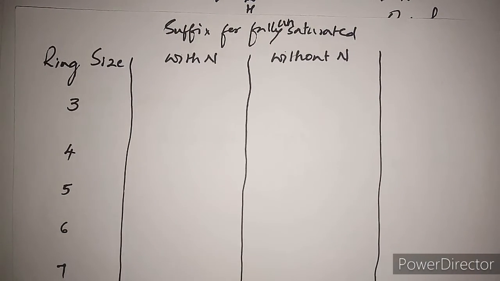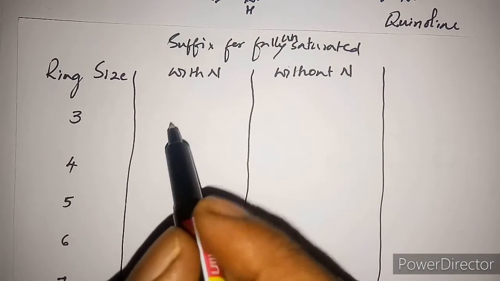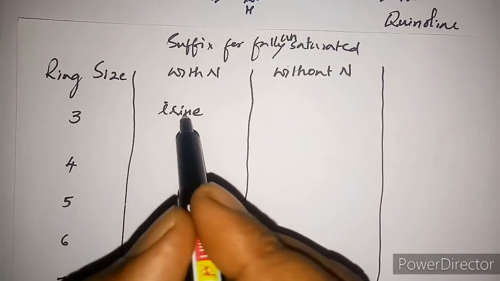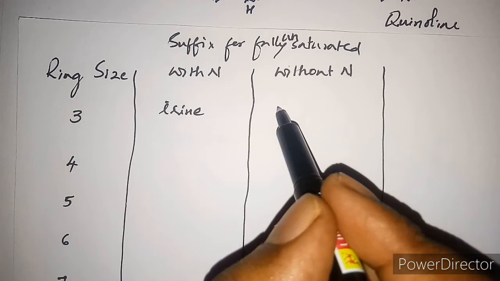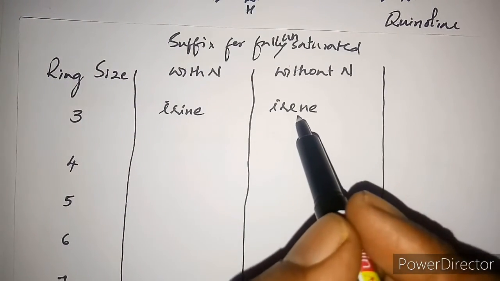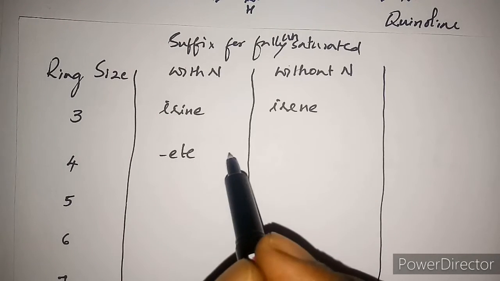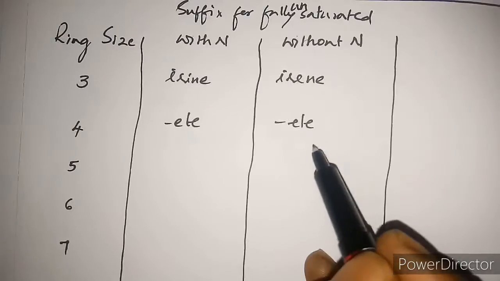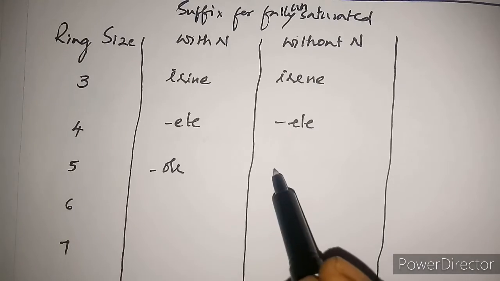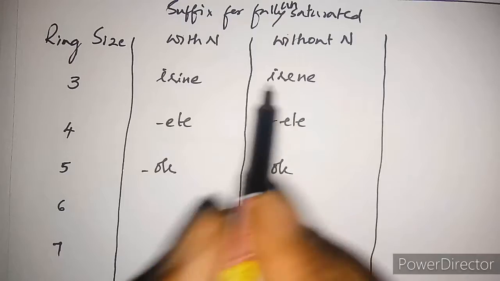For a 3-membered ring with nitrogen, for an unsaturated system, we need to use irine. Without nitrogen, we need to use irene. For a 4-membered system, ete; here also it is the same, there is no difference. For a 5-membered, ole; here also ole. Only the 3-membered system is different.